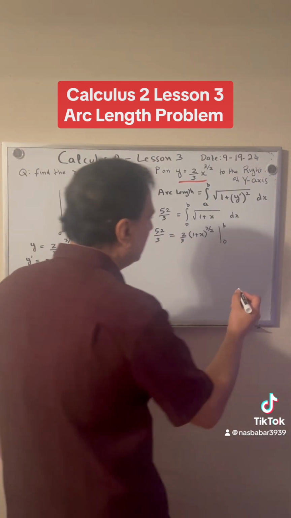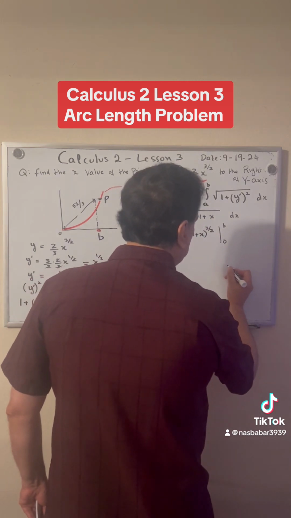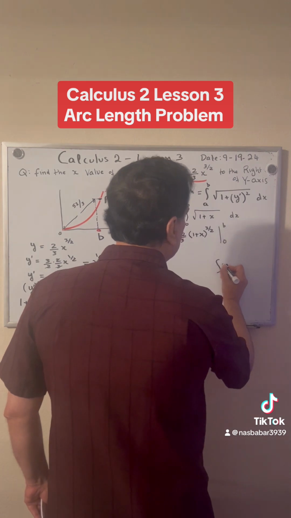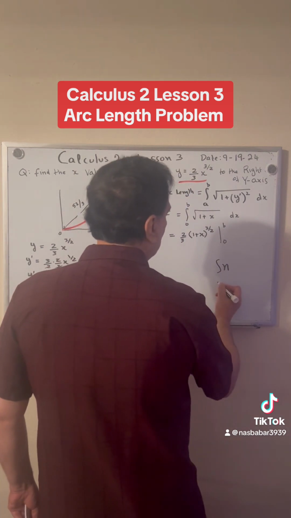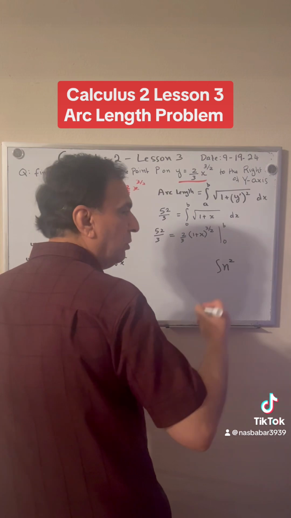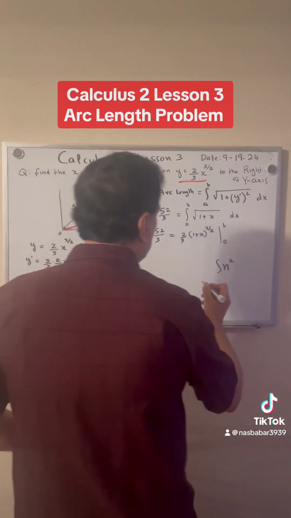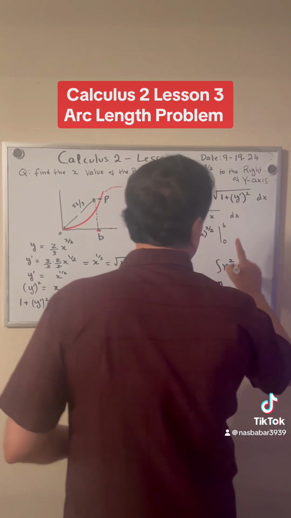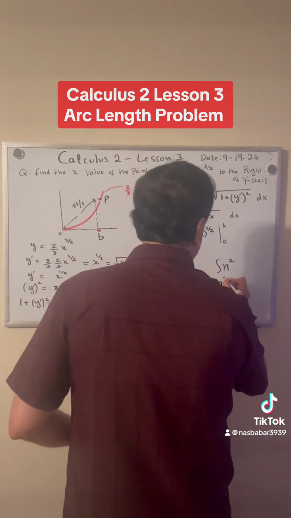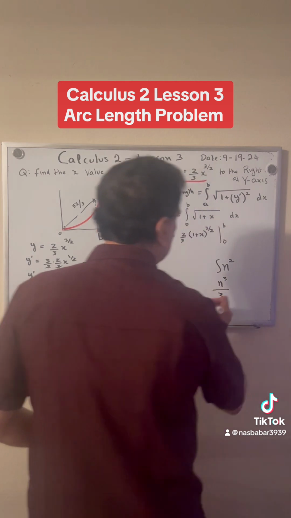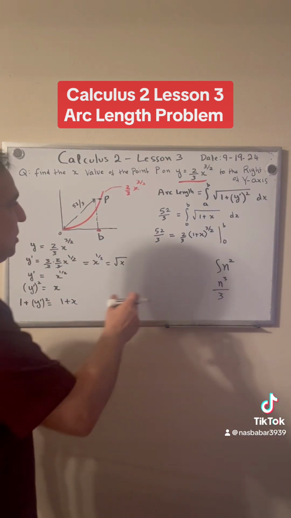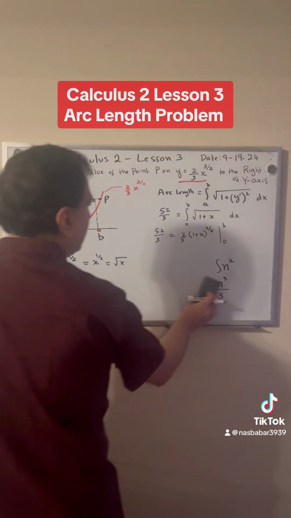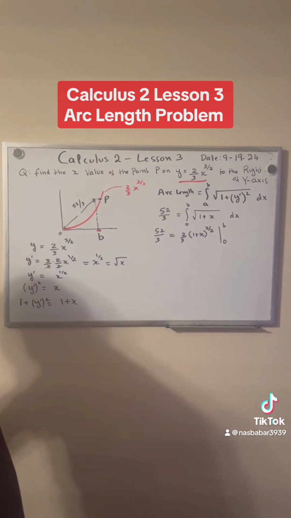But essentially, when you integrate, let's say, n squared, you get n raised to 2 plus 1, that is n cubed, divided by 3. Okay, that's integration, and that's exactly what I did over here in this particular section. So let me go ahead and erase that and continue with the problem.